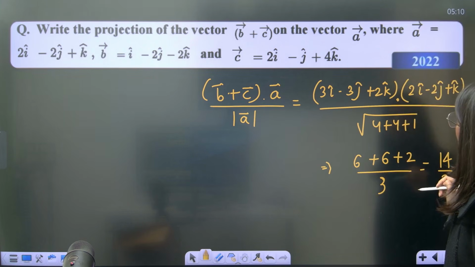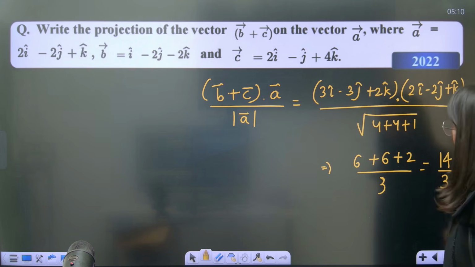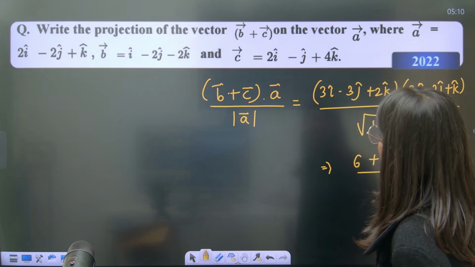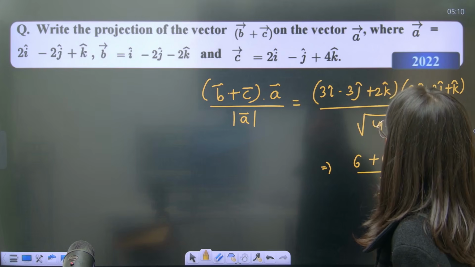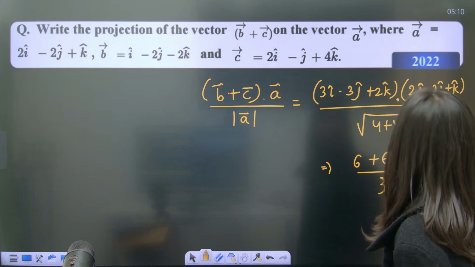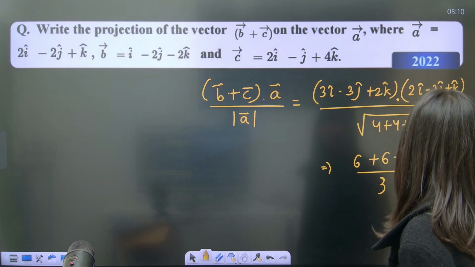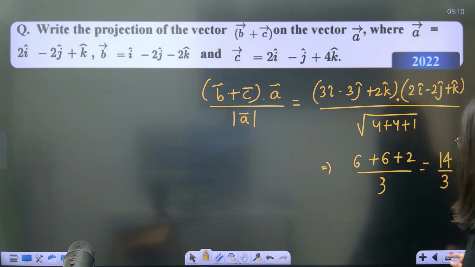Sorry, minus, hold on. B plus C is going to be 3i minus 3j plus 2k, correct? And this is 2, okay. 3 2s are 6 plus 6 plus 2.